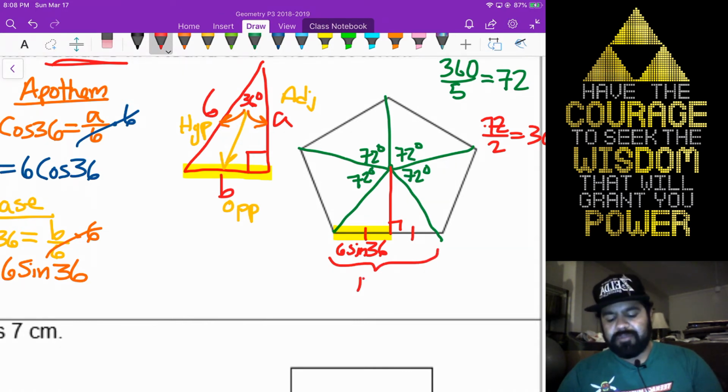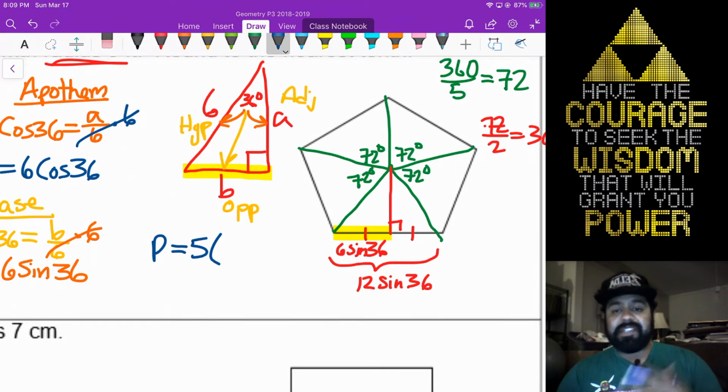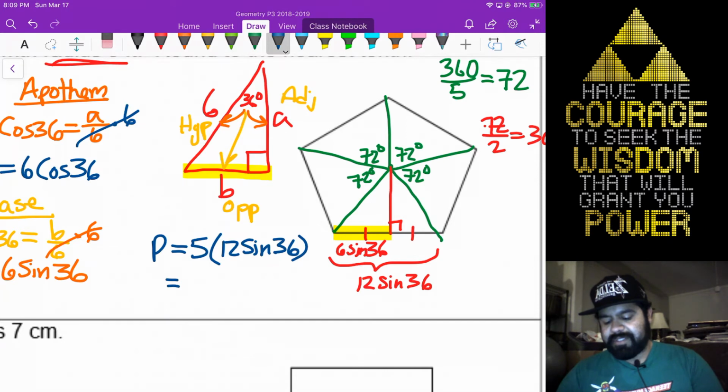So that's going to be 12 sine of 36. Now we can find the perimeter by saying, hey, there are 5 sides, and each side is 12 sine of 36. So then just multiply the 5 and 12, so that perimeter is 60 sine of 36.